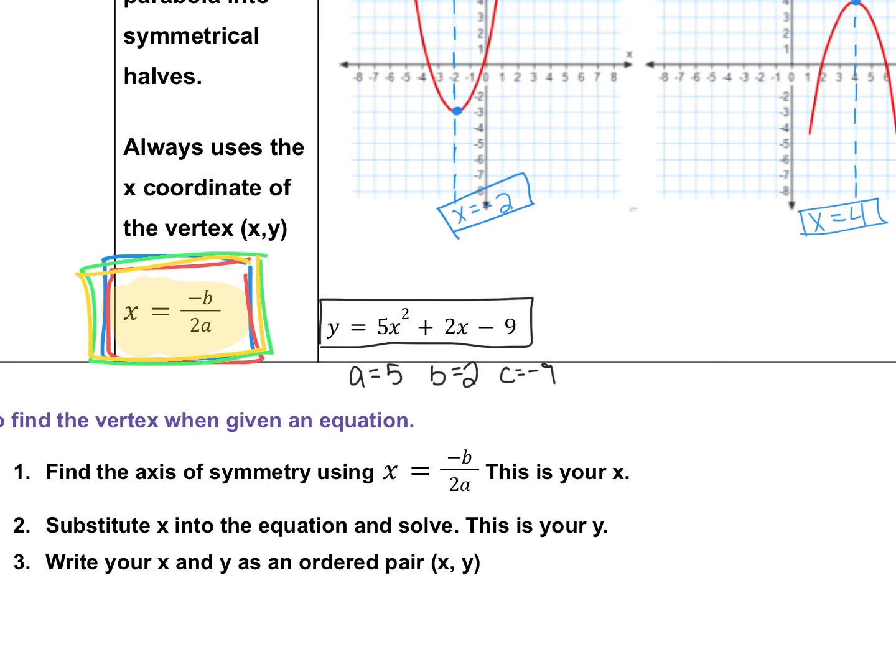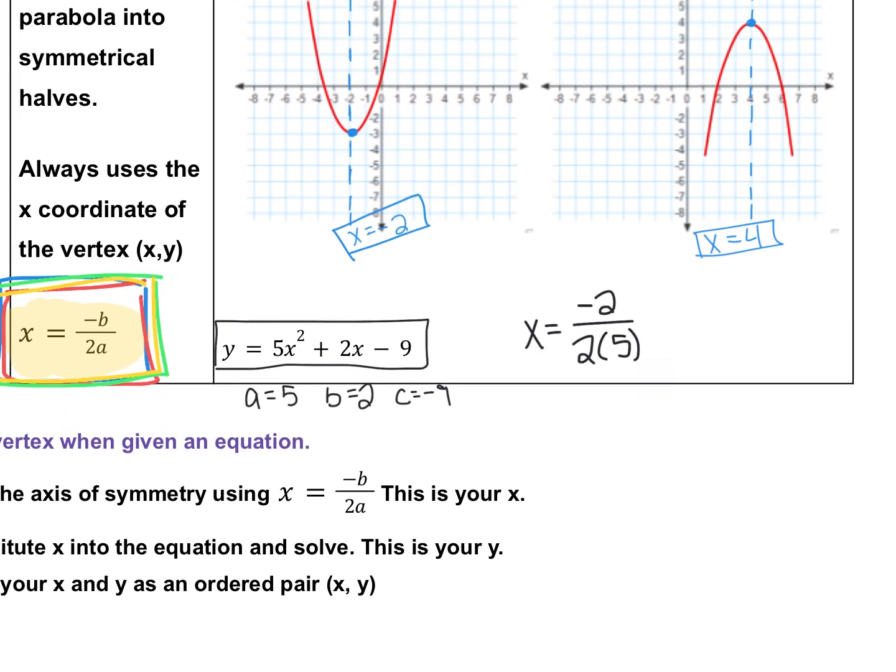We're going to start with x equals -b. Well, if my b is positive, now it's going to be negative. So I'm going to do -2 over 2 times a. I'm going to put parentheses for my a, and then put that 5 in there.